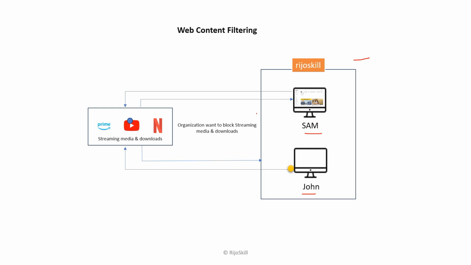The organization wants to block streaming media from downloading or watching on end user devices. So John requests the same YouTube media. In return, you can see web content filtering blocks the YouTube media. Then user John gets the information that the website is blocked by your organization from Microsoft Defender. So now you can understand what web content filtering is.